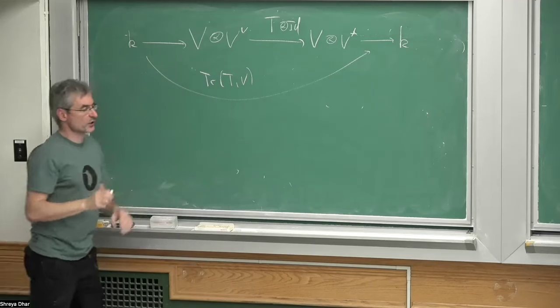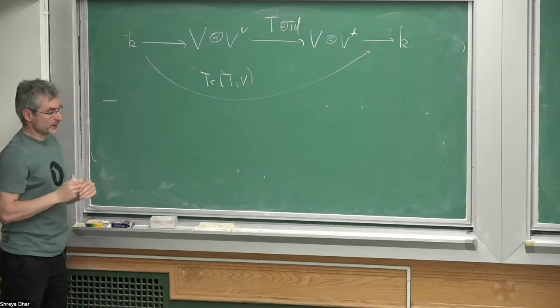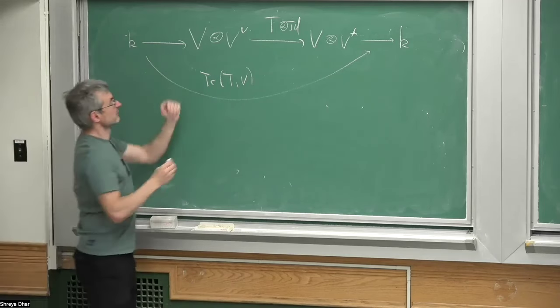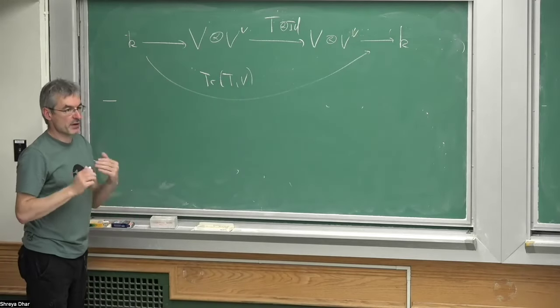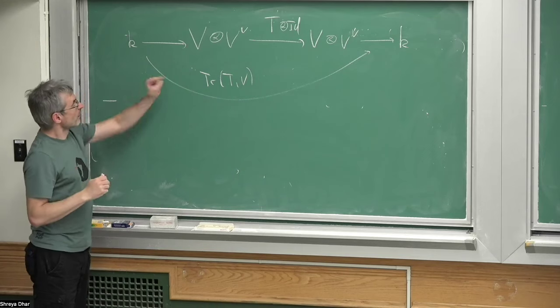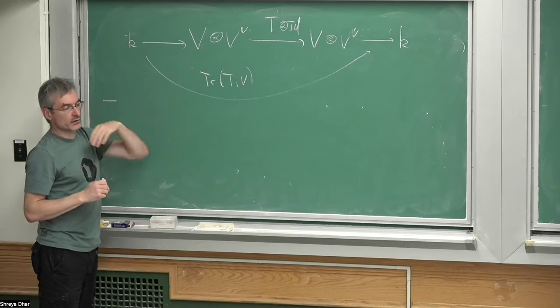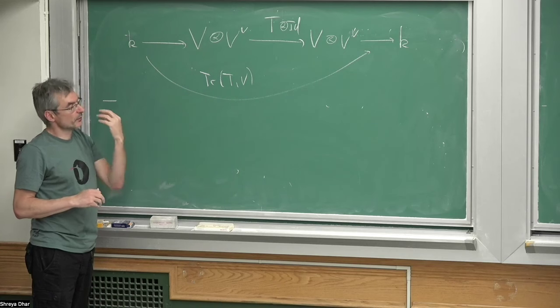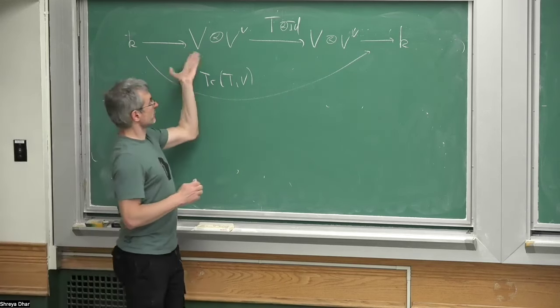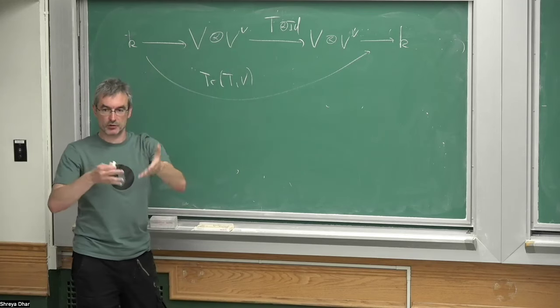Now this operation has nothing particular to do with finite dimensional vector spaces. It makes sense in an arbitrary symmetric monoidal category, where instead of V you take an arbitrary object. It's called dualizable, in other words, one for which there are unit and counit maps that satisfy the usual axioms.